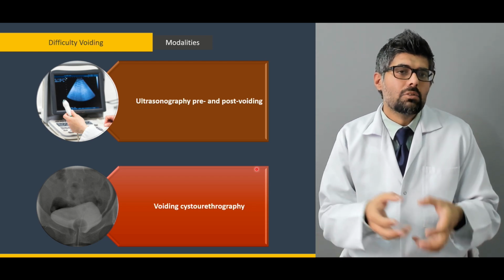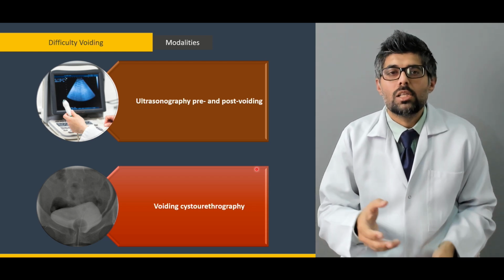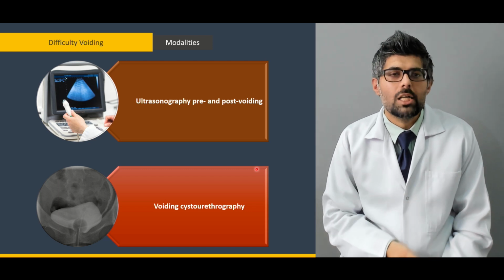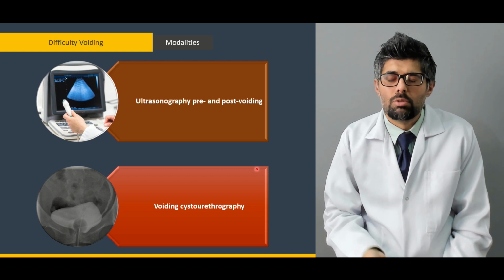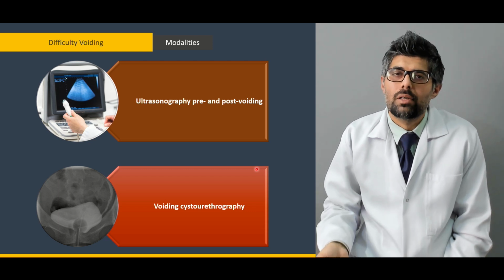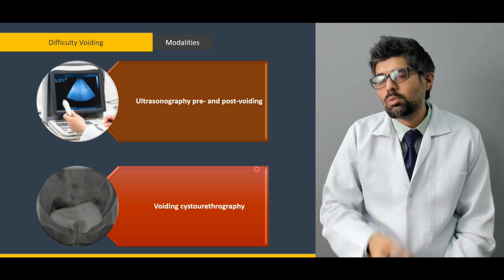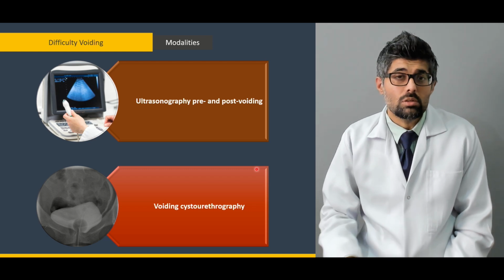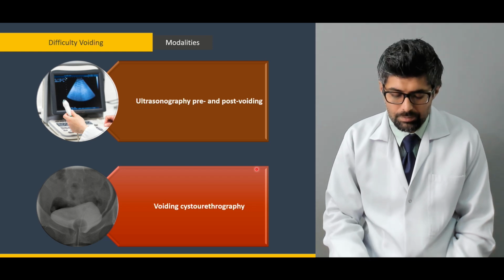And these radiograms opacify the urethra, and if there is any stricture or any problem along the wall of either the urethra or the urinary bladder, that can be diagnosed. So it is one of the most common modalities that is used whenever encountering difficulty in voiding.